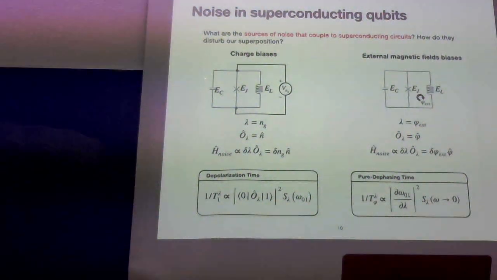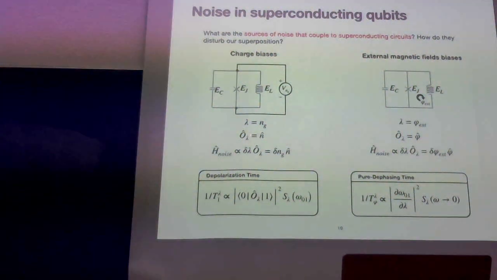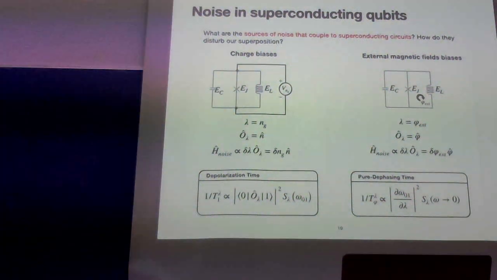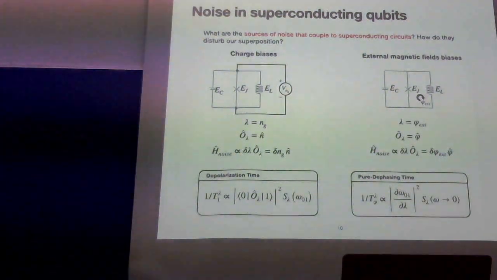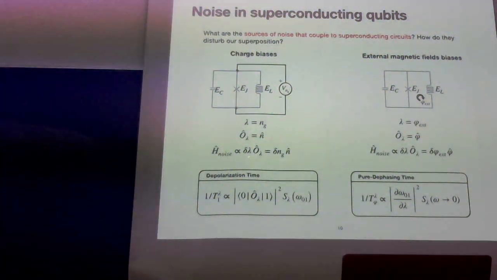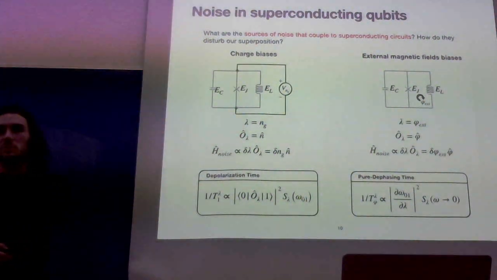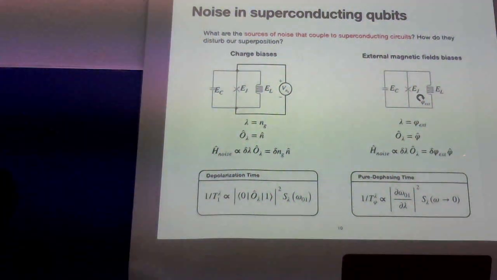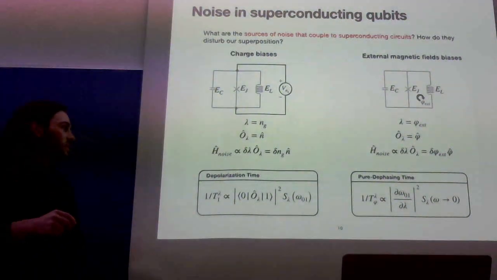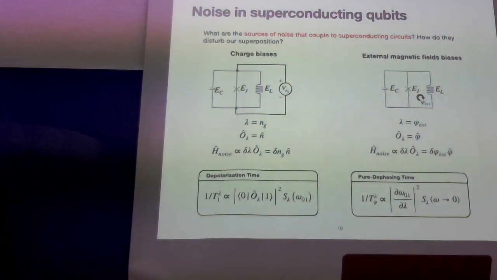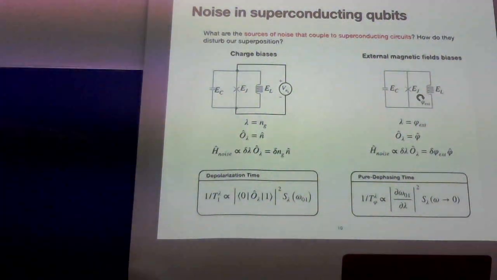This error is coupled to the system through the charge operator, as it is an extra charge difference between the islands. So the Hamiltonian representing this error would be this one here. The external drive modifies the phase difference between these islands and is represented with this one.